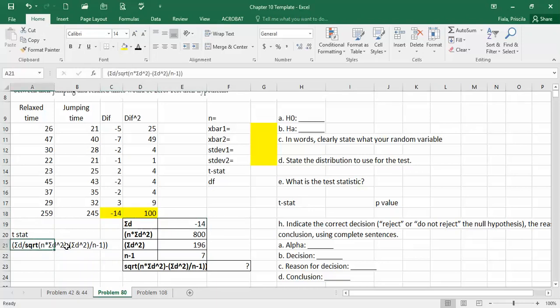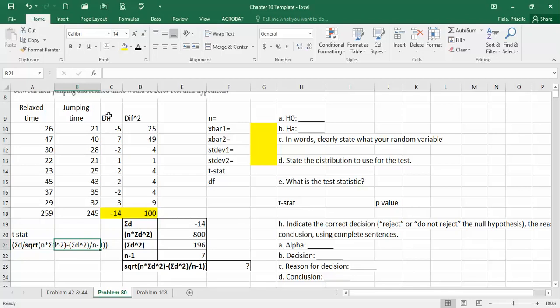Right here, the bottom, this formula: the sample size times the sum of the difference squared. So all I did is take the sample size, which was 8, times the sum of my difference squared, and then this formula right here, the sum of the differences, squared.